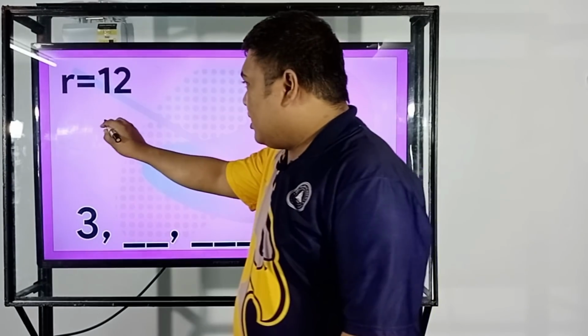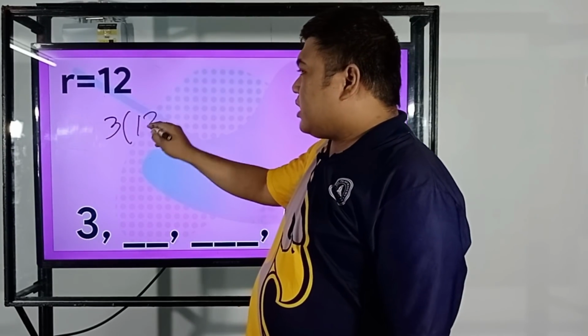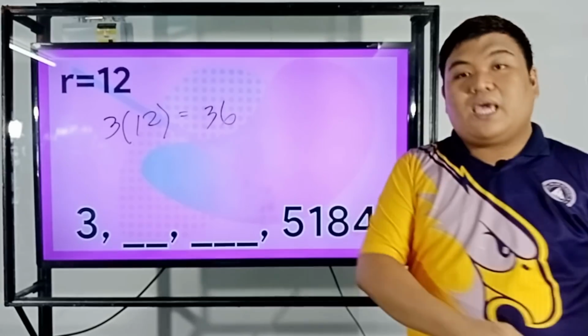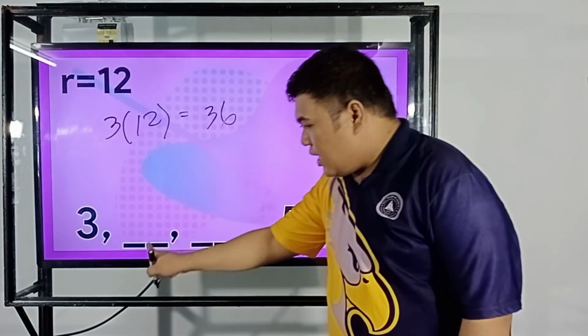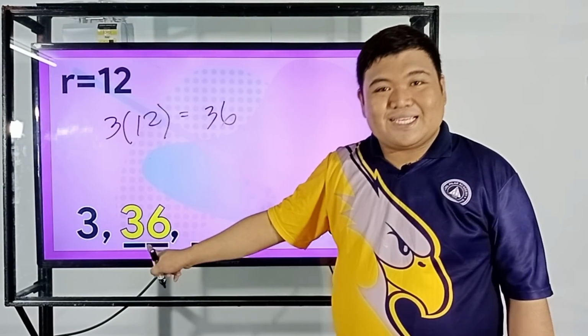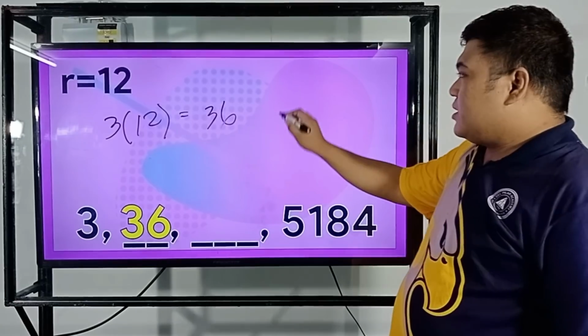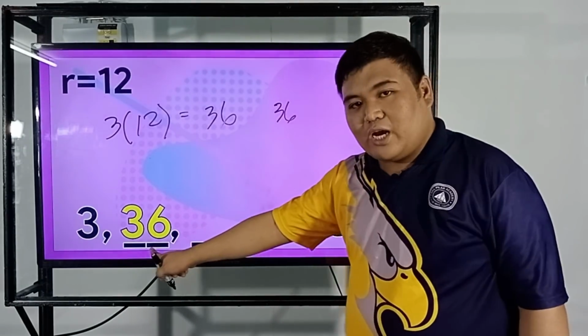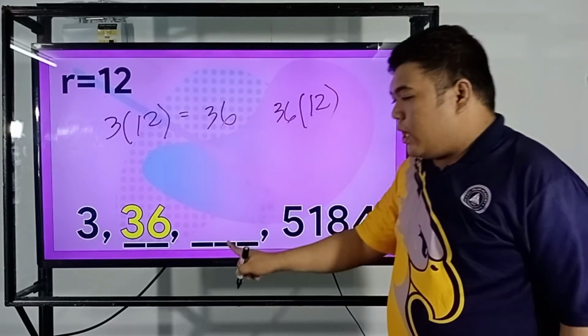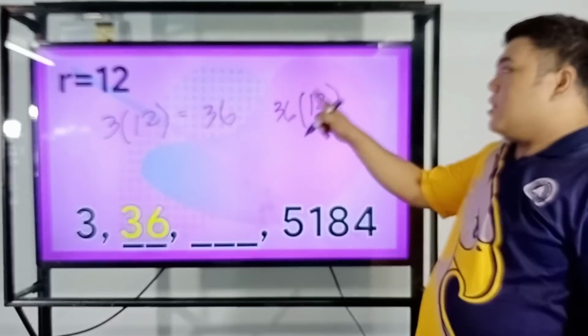So we will have 3 times the common ratio na 12, that is equal to 36. And 36, siya yung magiging second term nung geometric sequence. Next, 36, the second term, times the common ratio na 12 para makuha yung third term, yung susunod na term.